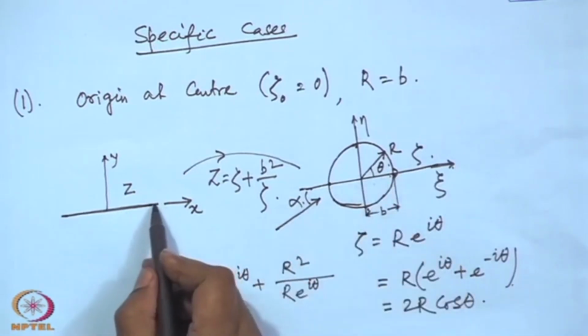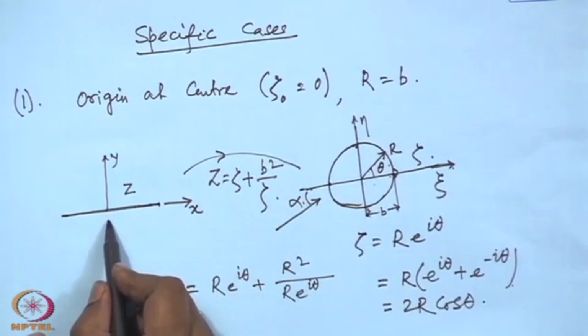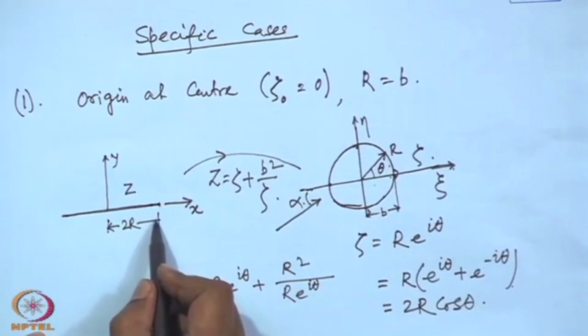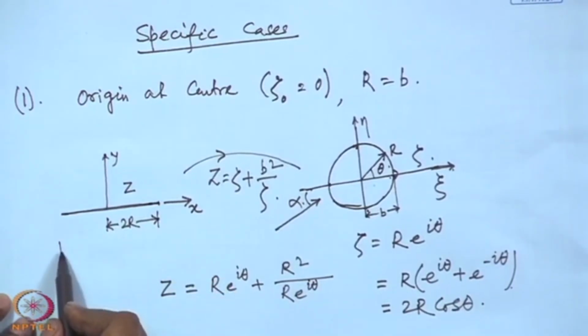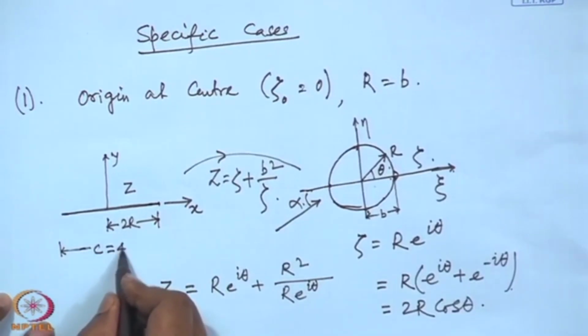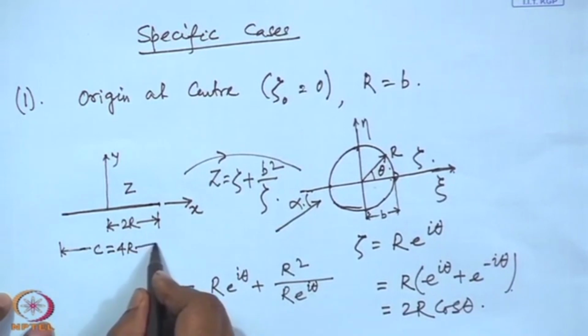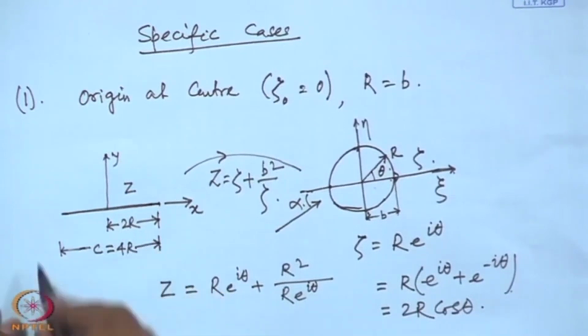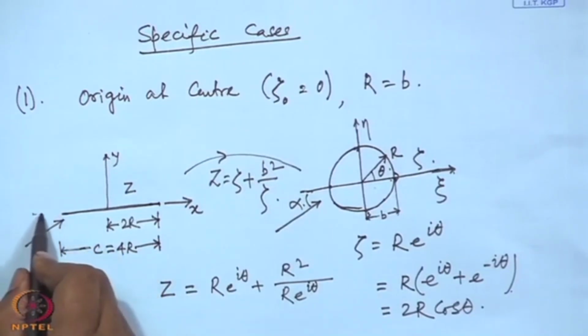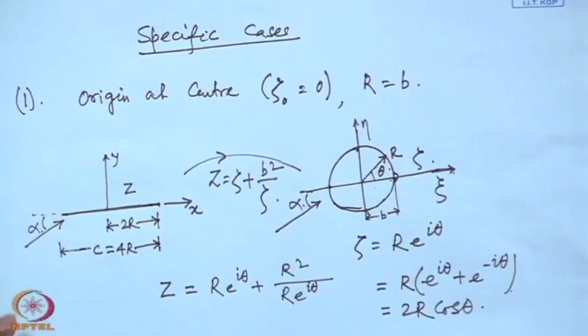This point which has transformed to this point, this length is 2 r.